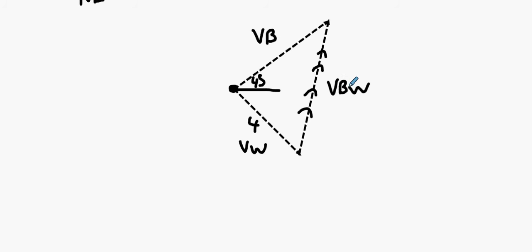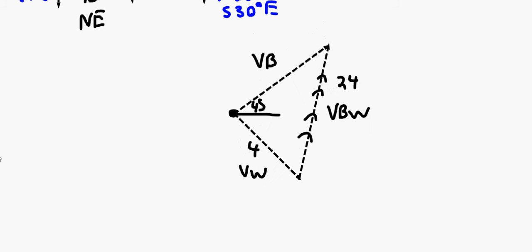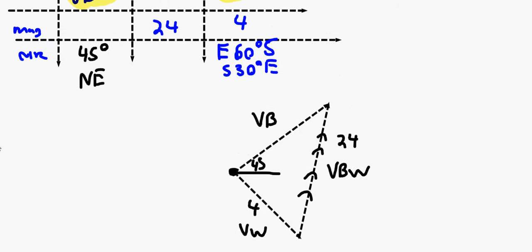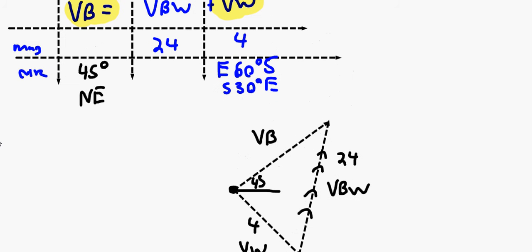And what do we say velocity of the boat in water is? 24. Okay. What direction have I not put in yet? What angle is this? It's the direction of the water, which is 60 degrees, okay? So now I have 105 degrees on that angle there.